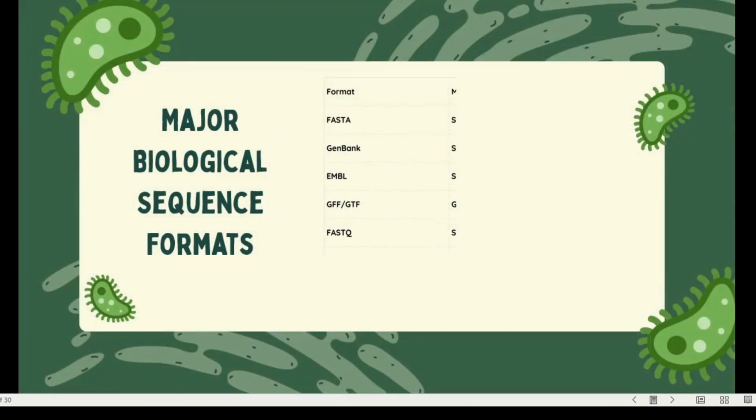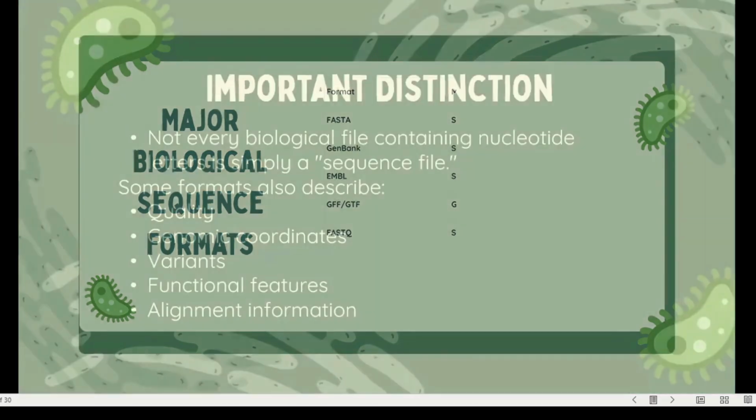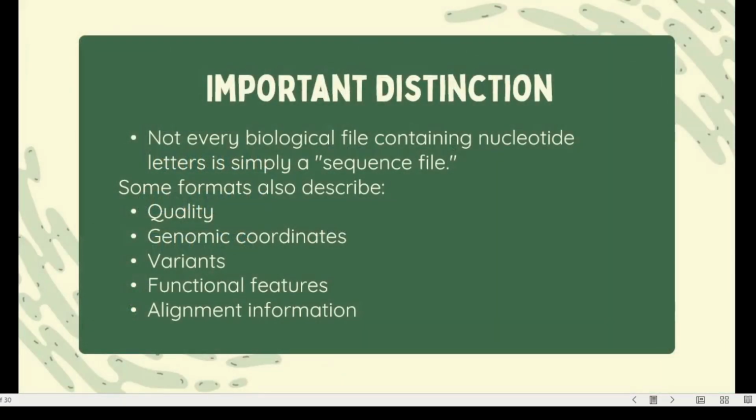FASTA, GenBank, EMBL, GFF, GTF, FASTQ, and PDB are some biological sequence formats that we will look at closely at this foundational level. An important distinction is that not every biological file containing nucleotide letters is simply a sequence file.